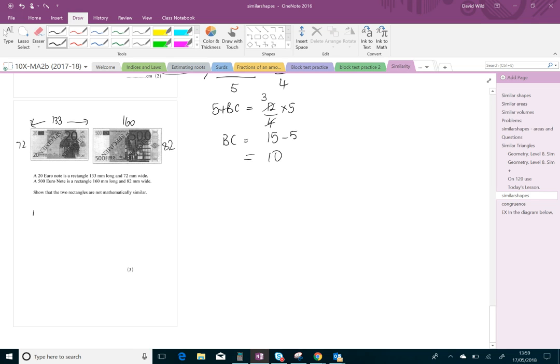Well, if they were similar, then 133 small divided by big equals small divided by big. But that's not the case. This is not true, because if you put these in a calculator, you get different decimals and therefore they're not similar.